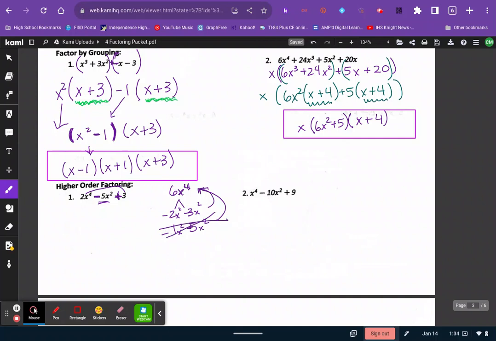Okay, so whether or not you build a box or you do CAB or whatever, these are the two factors that you've found that go inside. I will do a quick little box here for box method. First term goes in the first box, last term goes in the last box, and the two factors I found belong in the other two boxes.